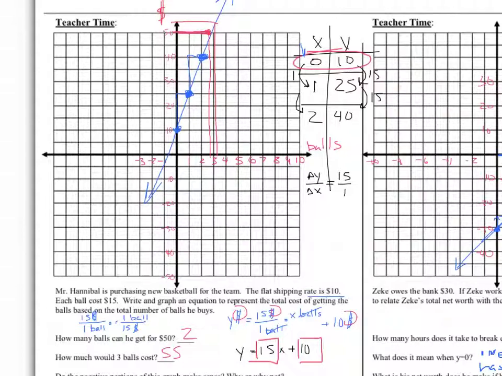So negative 1 would be an hour ago, before he worked an hour. Negative 2 could be 2 hours ago. That's making an assumption about him having had this job for a while and that he owed the bank more money earlier. That's one way to think about that. So I would say it's conceivable that the x values could be negative.